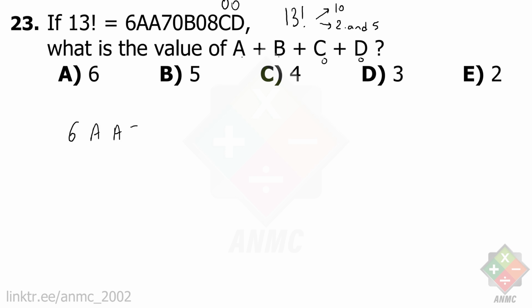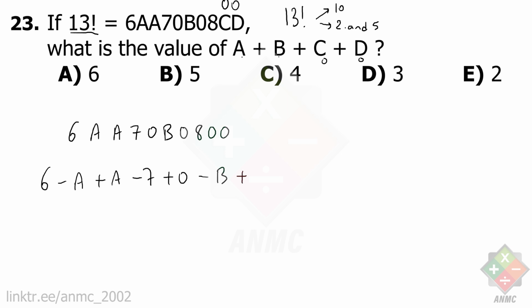6A, 7, 0, B, 0, 8, 0, 0. And this number, 13 factorial, is divisible by 11. 6 minus A plus A minus 7 plus 0 minus B plus 0 minus 8 plus 0 minus 0. Let's calculate the total.